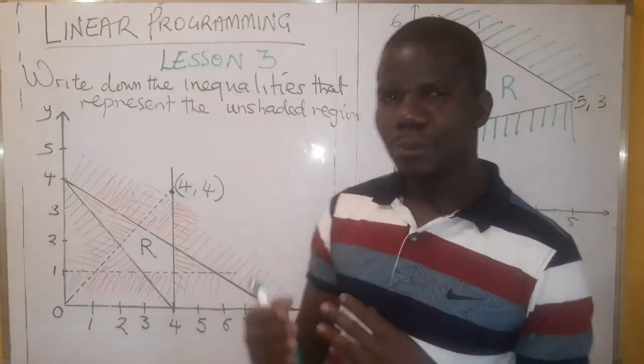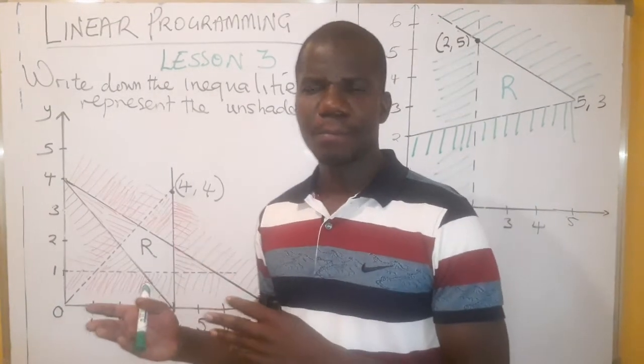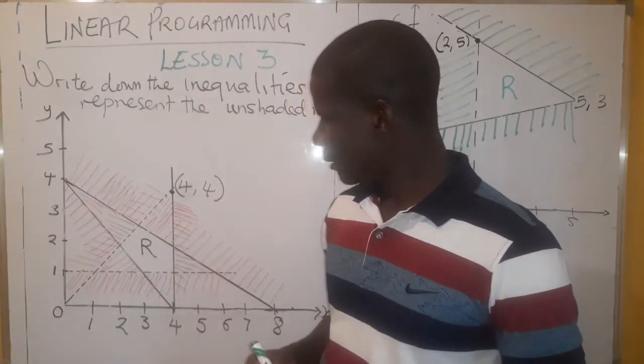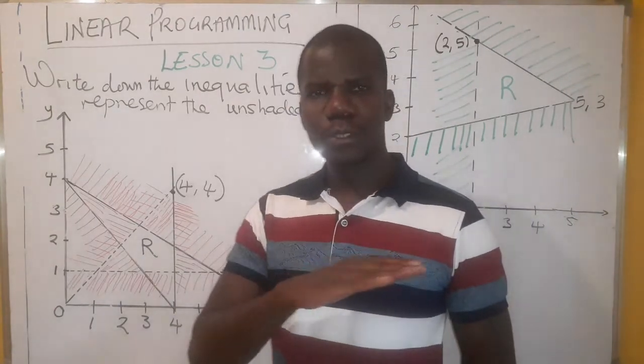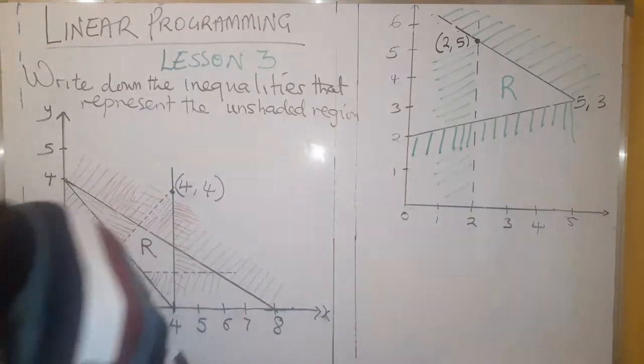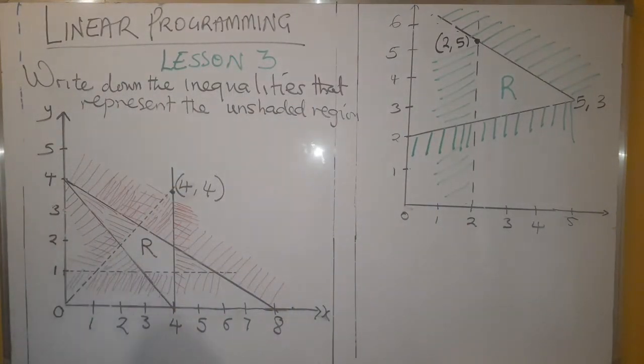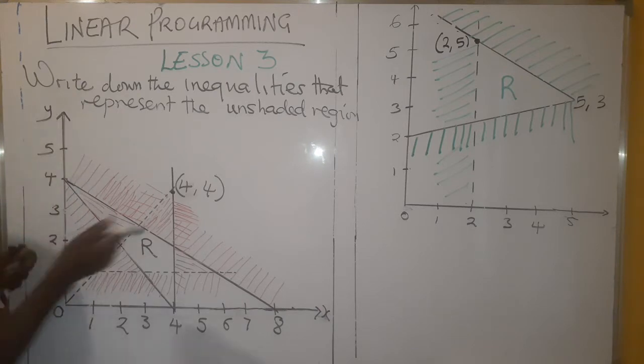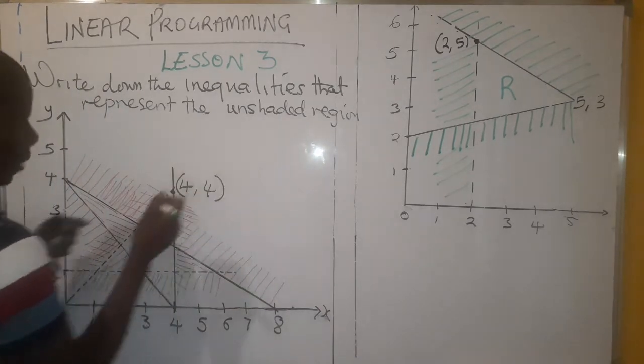You start with the simpler inequalities. If you have horizontal lines or vertical lines, those are the ones you can easily start with. So let me start with this one. This is along the y-axis, so it is y.